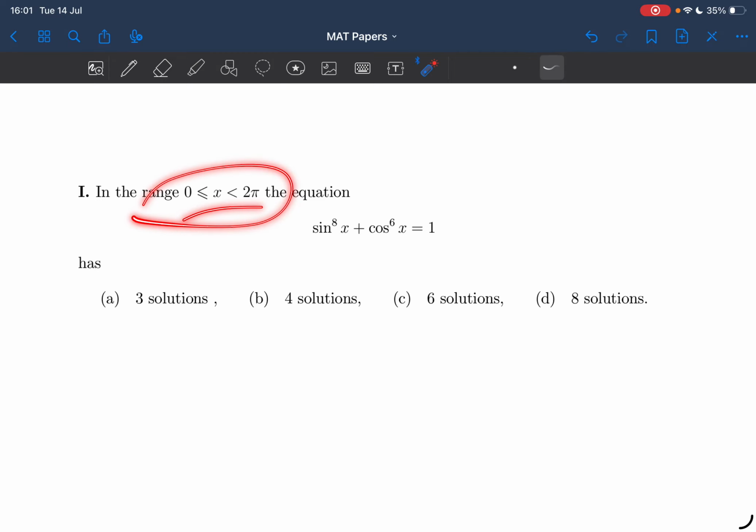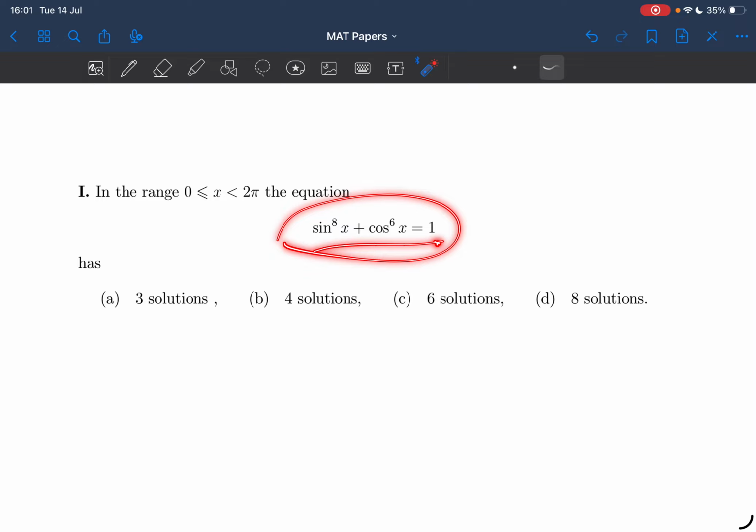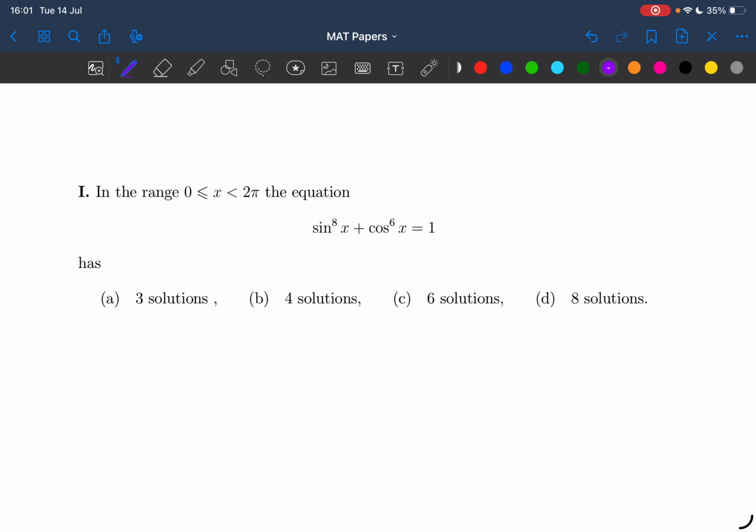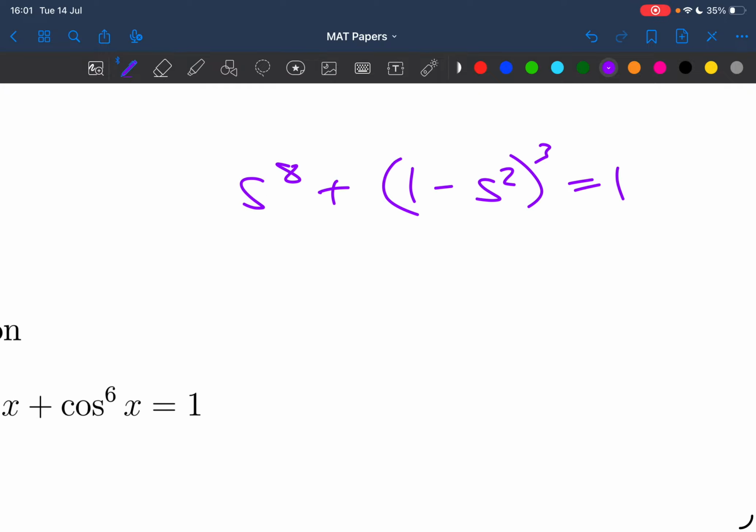I then. So range 0 to 2 pi is normal. How many of them do we have? So let's have a look. We can take the cos to the 6 and rewrite it as 1 minus sine squared. Sorry, that's cos squared, yeah? Cubed. So equal to 1. Let's go and expand some brackets.